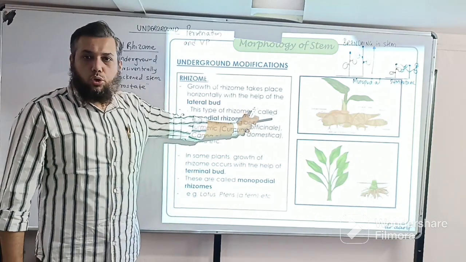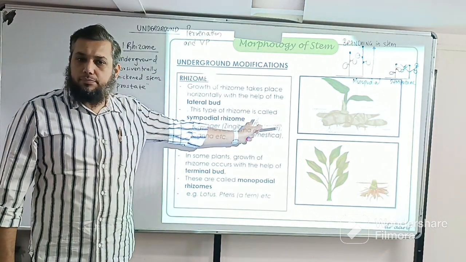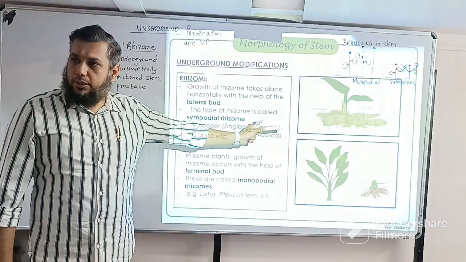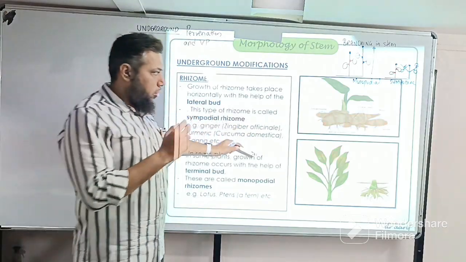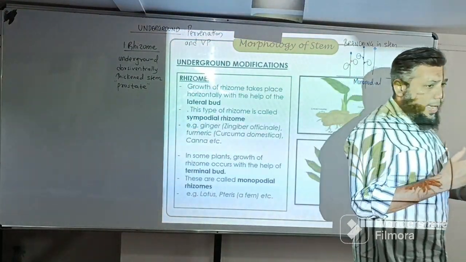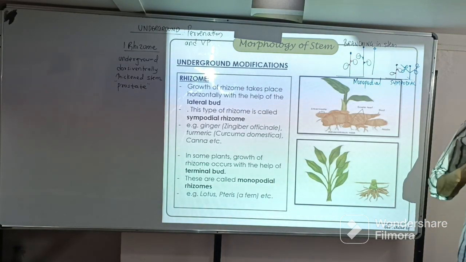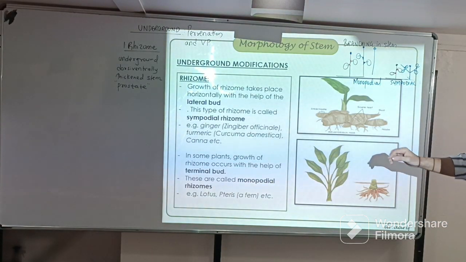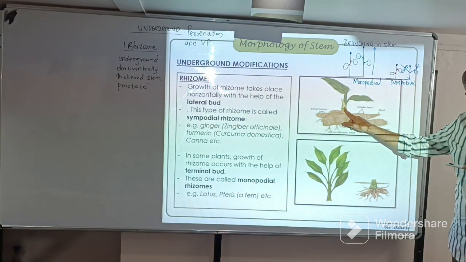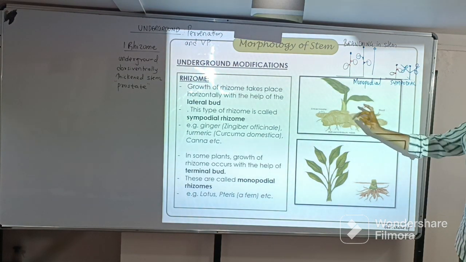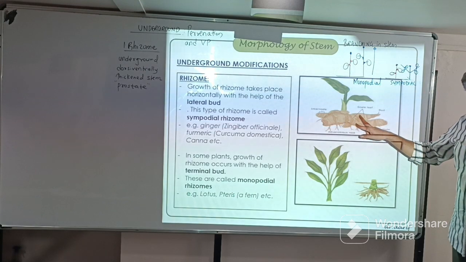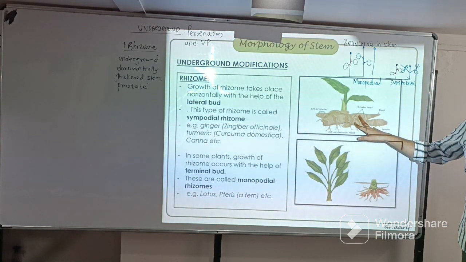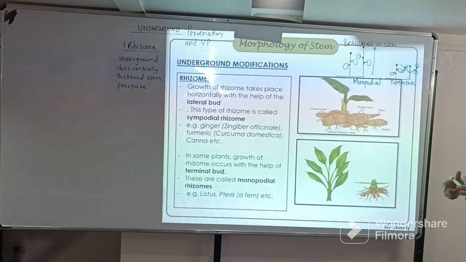So look at the rhizome. Is it growing erect or is it growing prostrate? Prostrate. Now, as it keeps on storing food during the favorable season, the size of the ginger rhizome will keep on increasing.